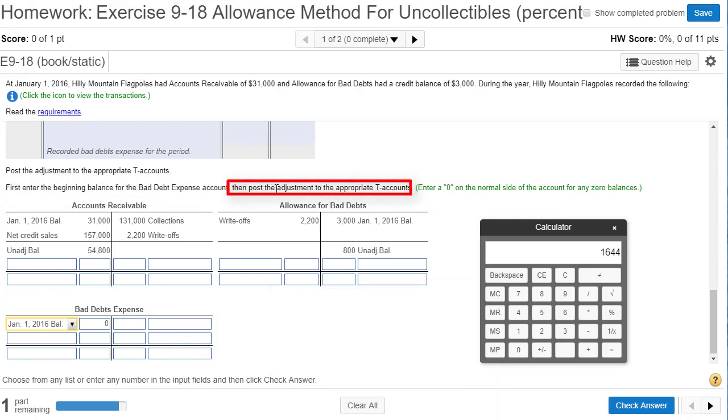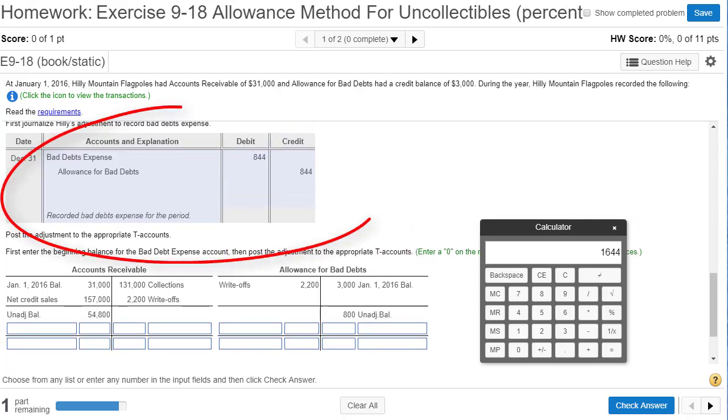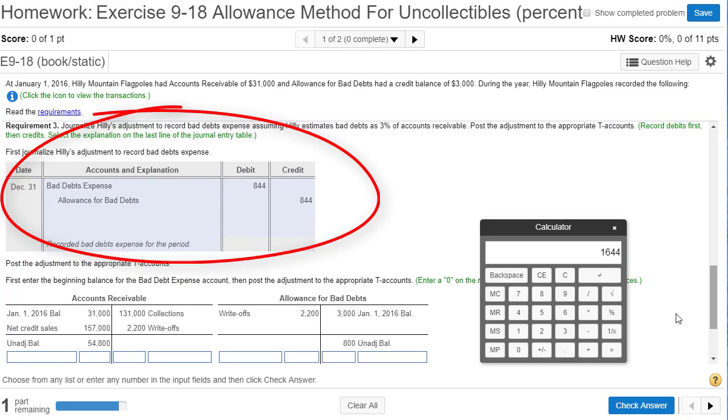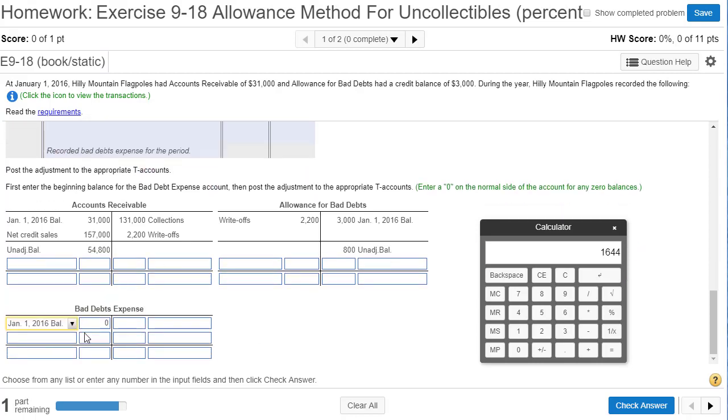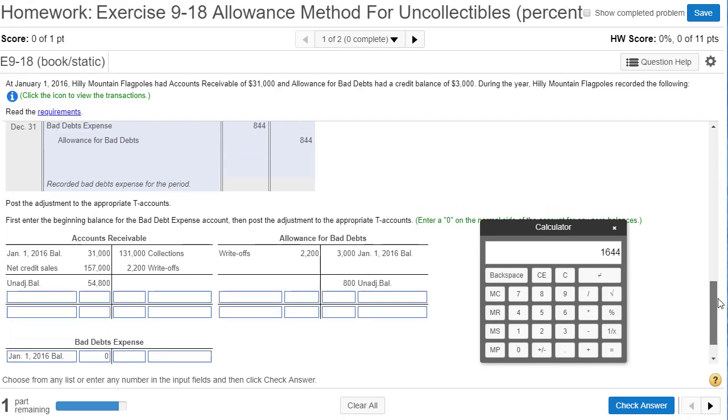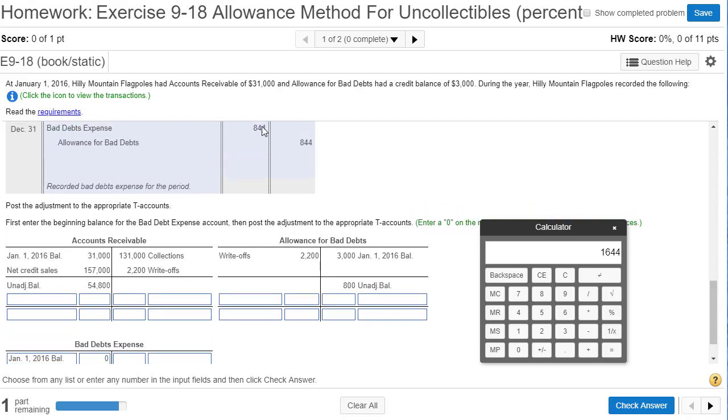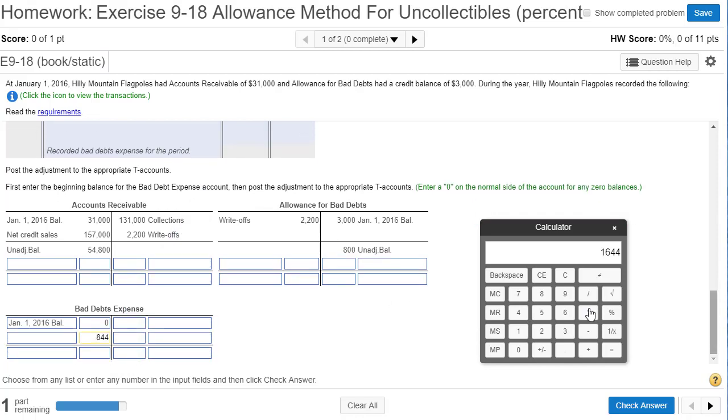Now it says post the adjustment to the appropriate T accounts. So this is our adjustment right here. Notice it says journalize Healy's adjustment. So we've got a bad debts expense on the left side, 844. So I'm going to post that there. You scroll up so you see where the number came from, down to bad debts expense.